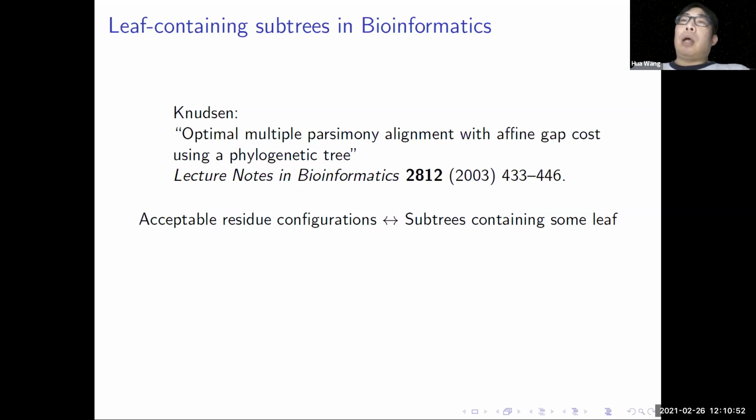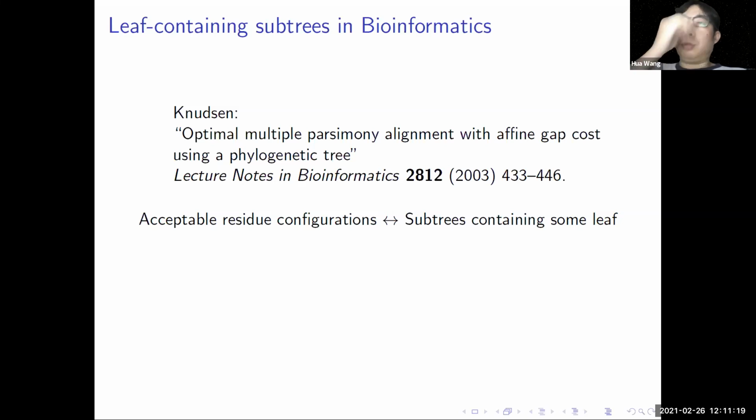Basically, I don't claim to really know what this is, but translating to graph theory, it is the number of subtrees containing some leaf in binary tree structures. And this number will give the bound, the maximum number, will give the bound to the time complexity of some algorithms that people are interested in.